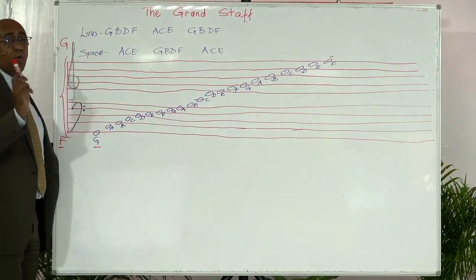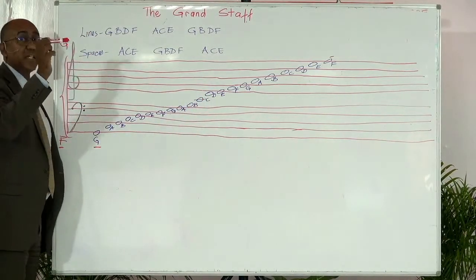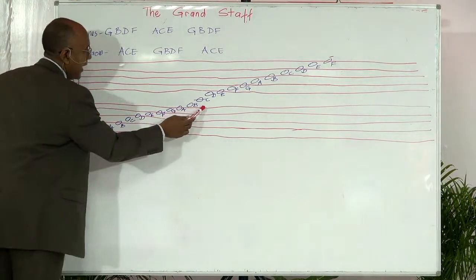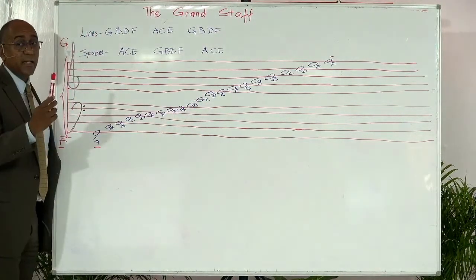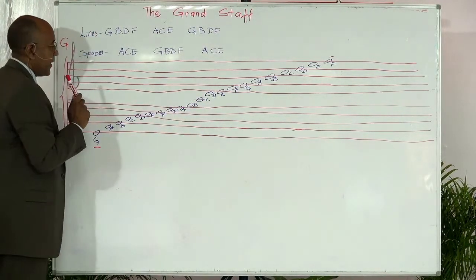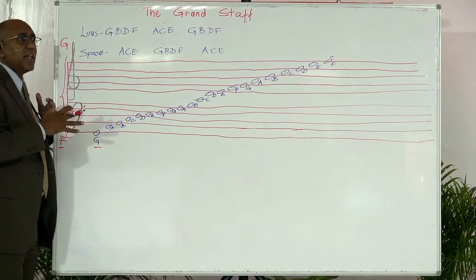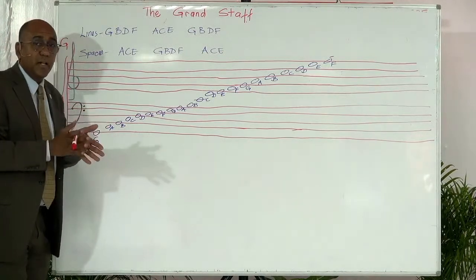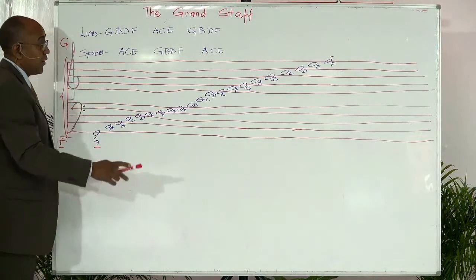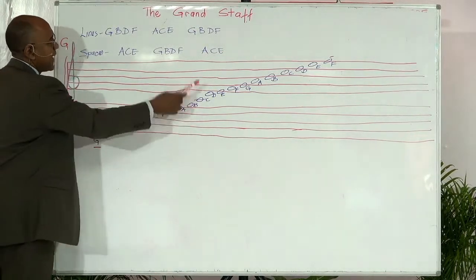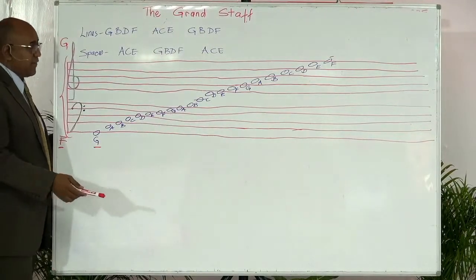That ledger line only exists if a note is on it. And that ledger line is C. It's middle C. And it's so significant because middle C is the C that is closest to the middle of the piano. And of course, it comes smack in the middle of the grand staff.